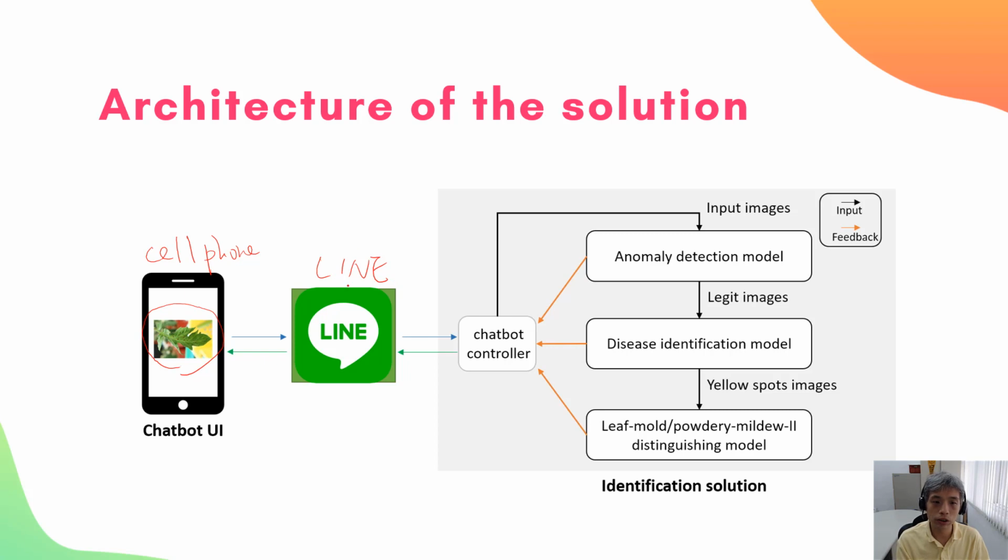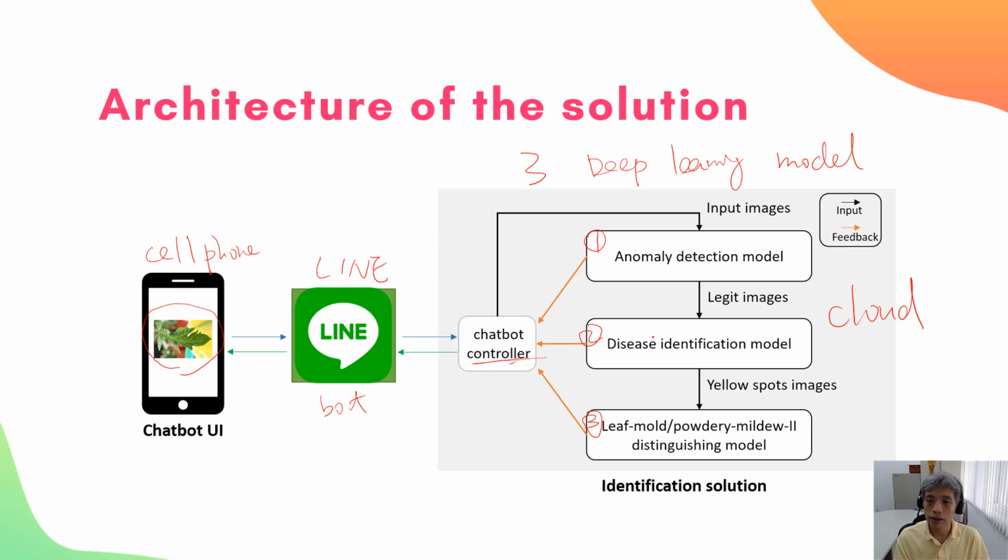This LINE bot can communicate with three deep learning models on the cloud. That is a cloud server in our lab, and the server has three deep learning models. You can see 1, 2, 3 over here. The communication between the LINE bot and the three models relies on this chatbot controller over here.